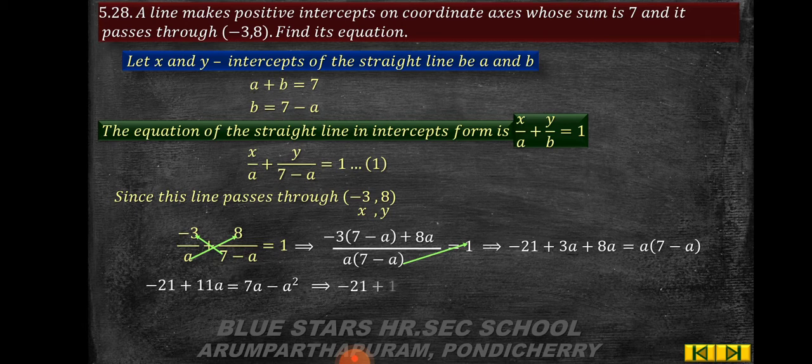Which implies minus 21 plus 11a minus 7a plus a square is equal to 0, which implies minus 21, 11a minus 7a is plus 4a, plus a square is equal to 0. Now you have to write in standard form. So a square plus 4a minus 21 is equal to 0.